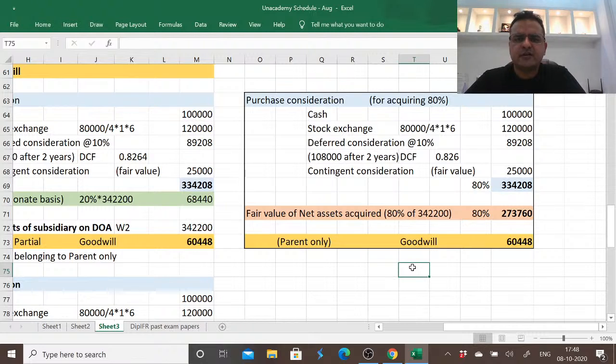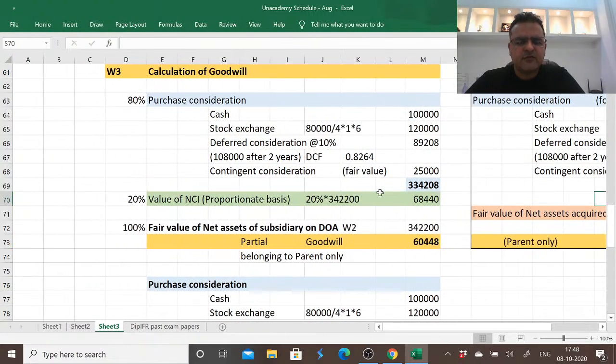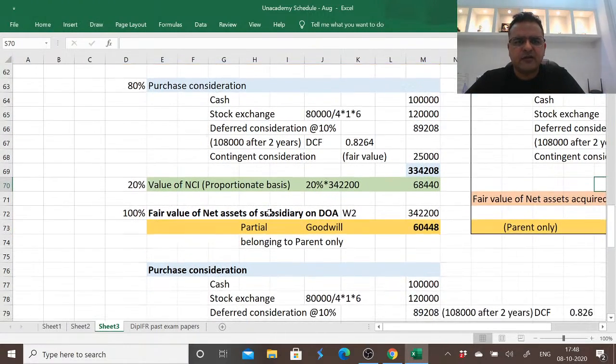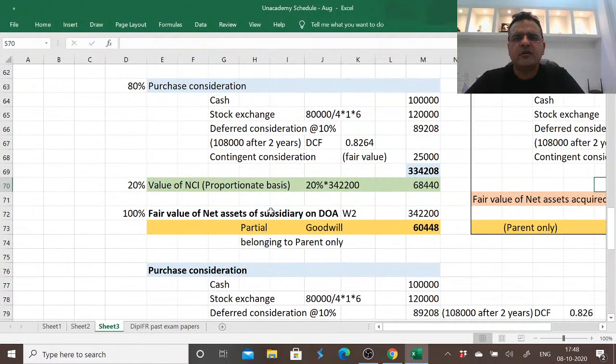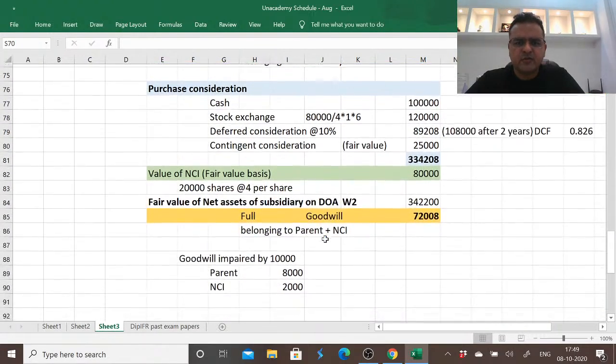So later there was a choice given in valuation of NCI. Before, NCI was valued on proportionate basis; there was no choice provided. So when the choice was given, the manner of presentation of goodwill changed. We started presenting it like this because the choice was impacting the valuation of goodwill. If NCI was valued on proportionate basis, goodwill was belonging to parent only. If NCI valued on fair value basis, goodwill was belonging to parent plus NCI.